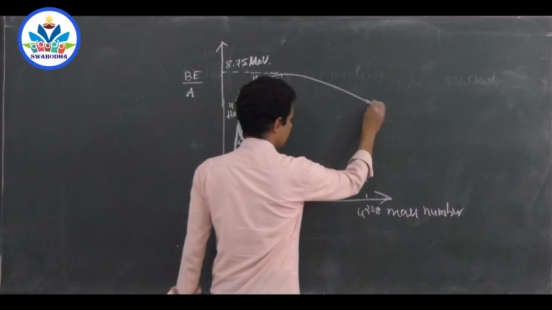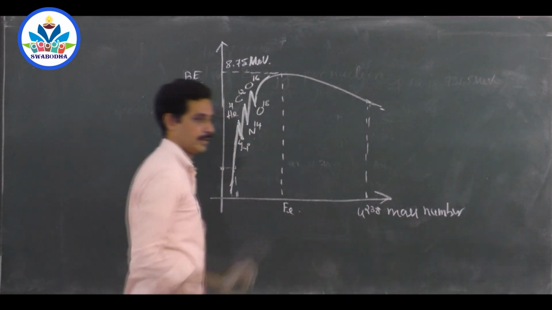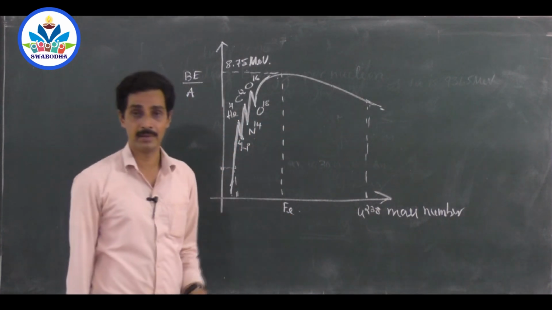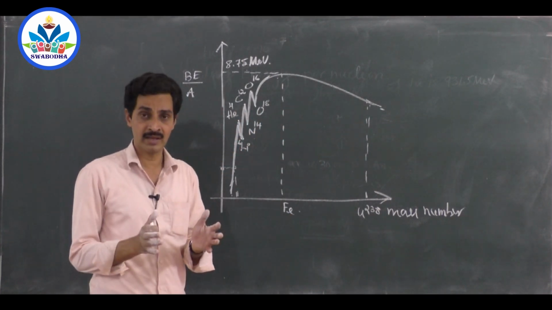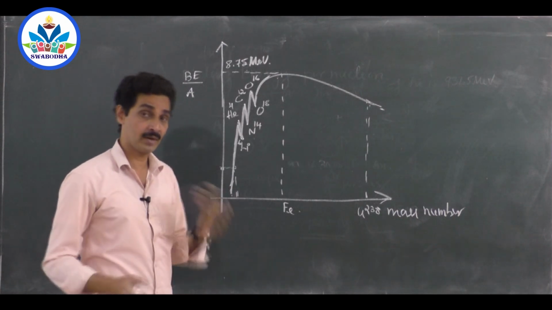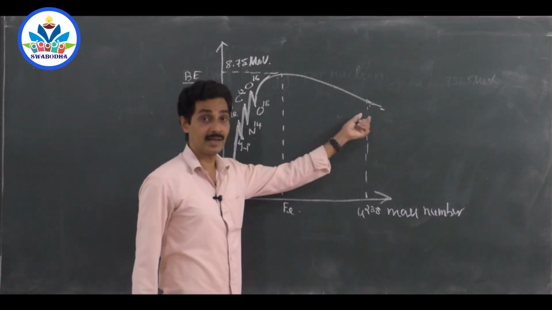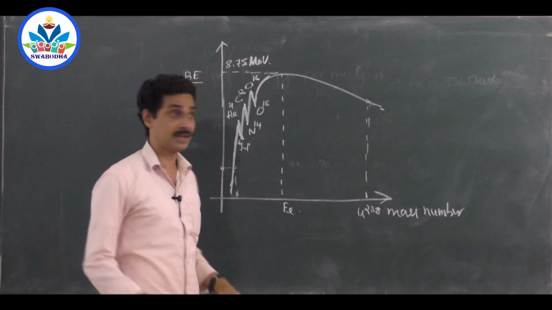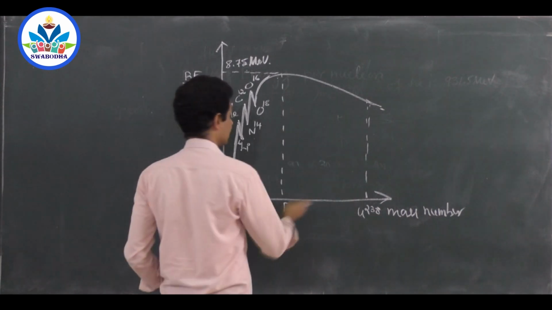Elements having very high mass number, like uranium, are also less stable, because their nucleus is very heavy and they have too many protons and neutrons. You will see the exact reason why they are not stable. Even though they have high binding energy, they have less specific binding energy. Binding energy per nucleon is very less.